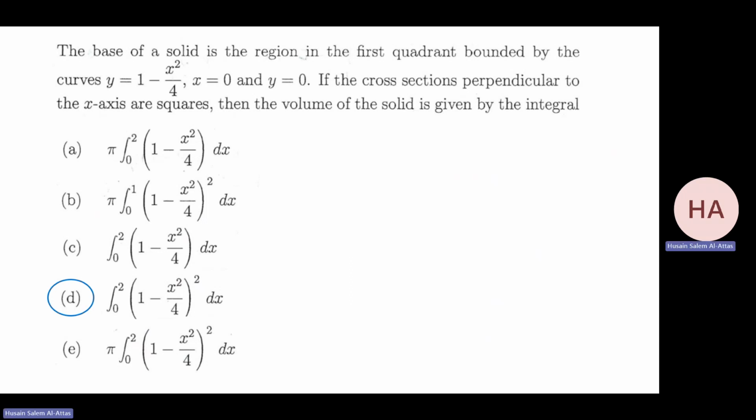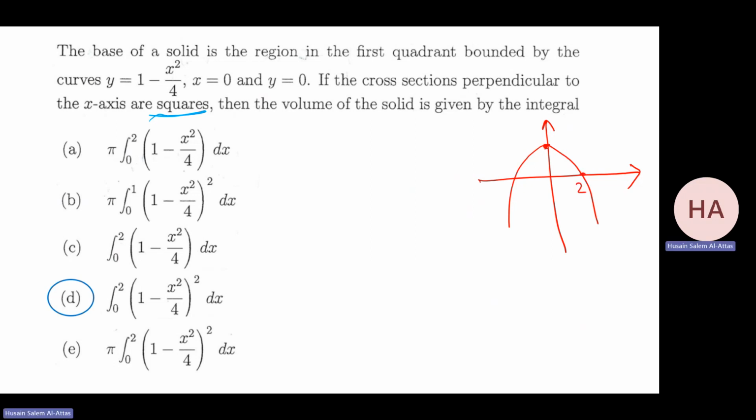The base of the solid is bounded by this, squares. Let me graph the functions. 1 minus x squared over 4. How to graph it? Something like this. At x equal 2, y is 0.